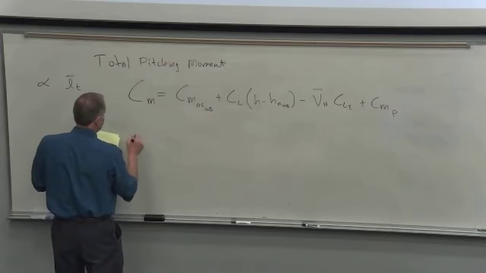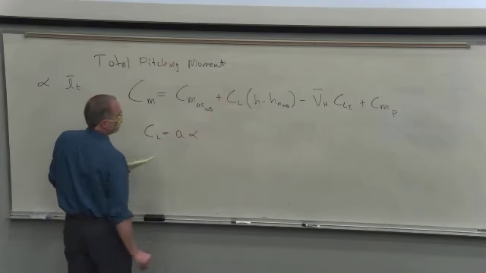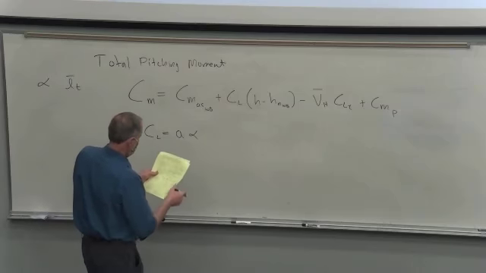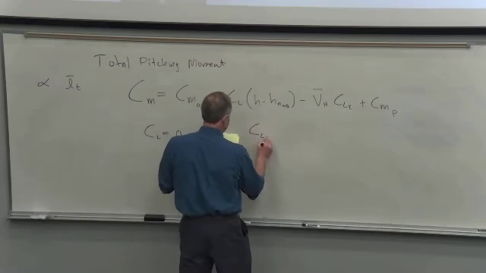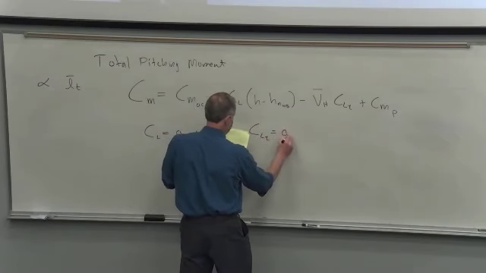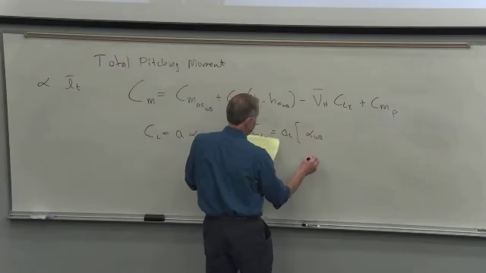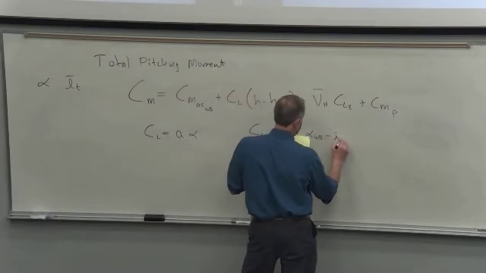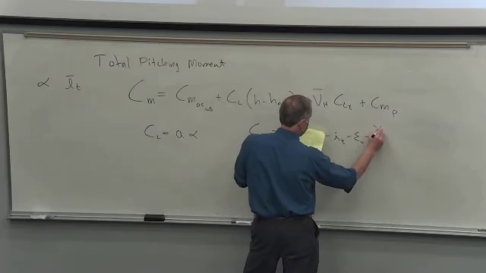And so now we need to substitute in for CL. And that's easy, that's real short, but the tail has the angle of attack reduced by the setting angle and the downwash model.